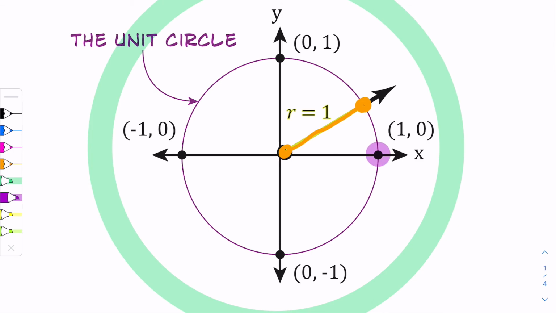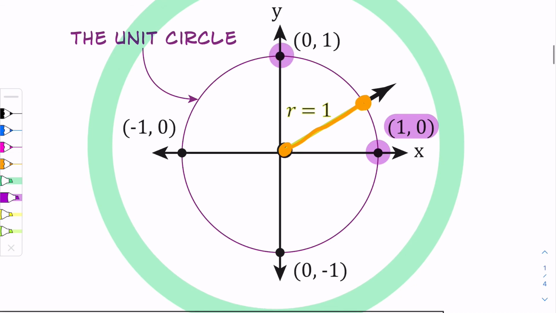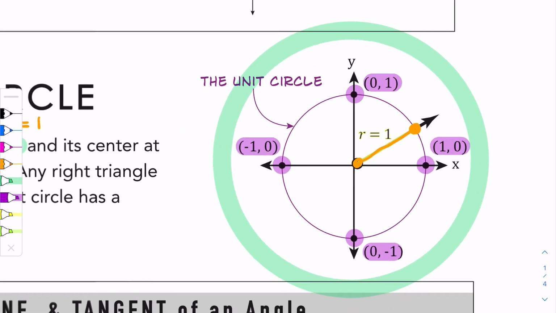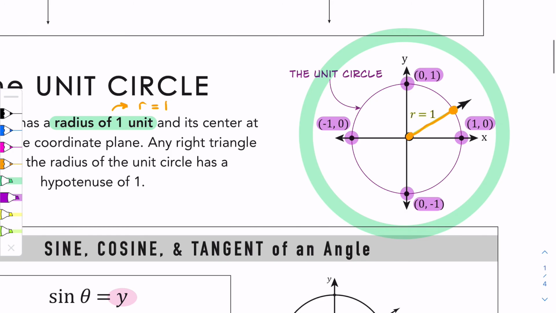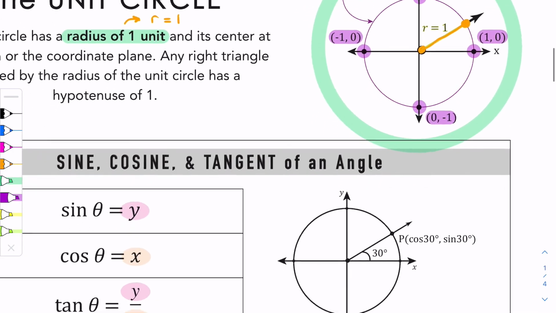That specifically has a point at 1, 0. At 90 degrees where it intersects the unit circle, we have a point at 0, 1. 180 is at -1, 0. 270 is at 0, -1. So those are going to be some key values, but also easy values to remember when you're working on the unit circle.